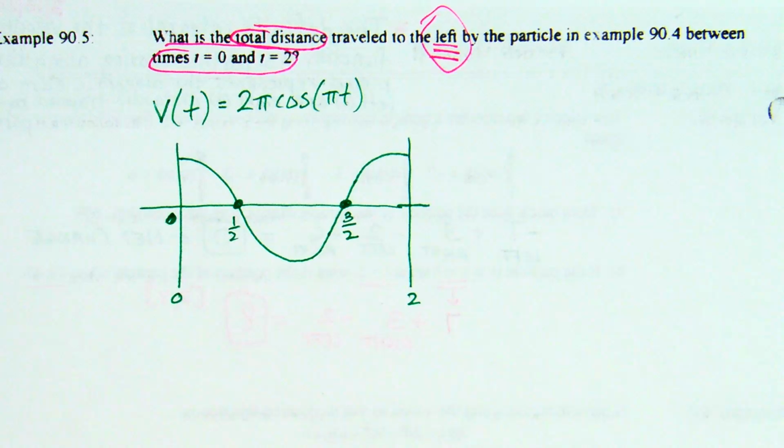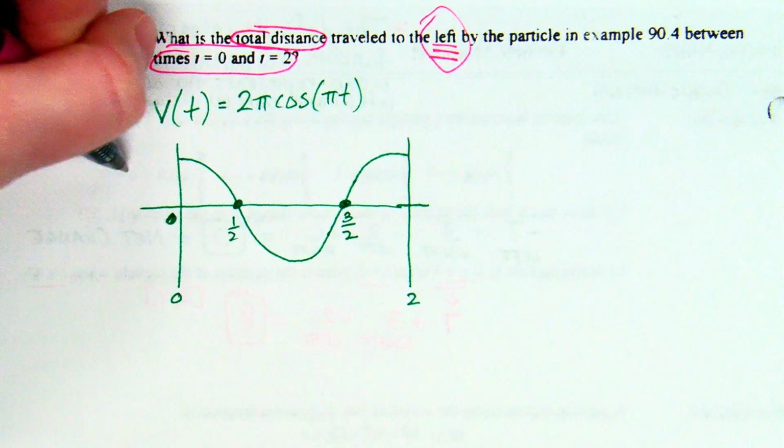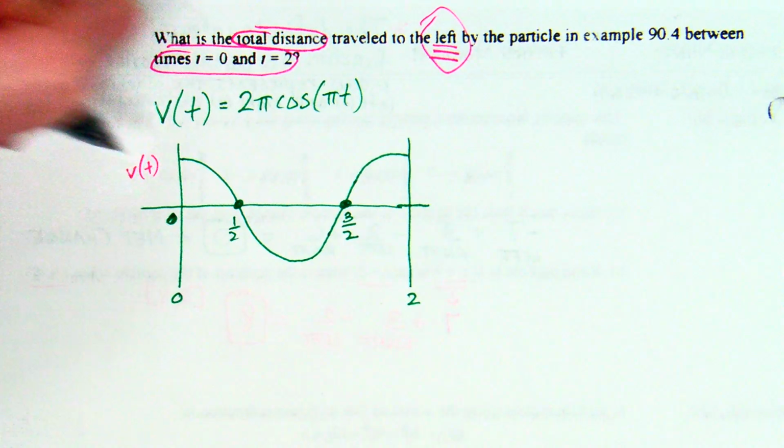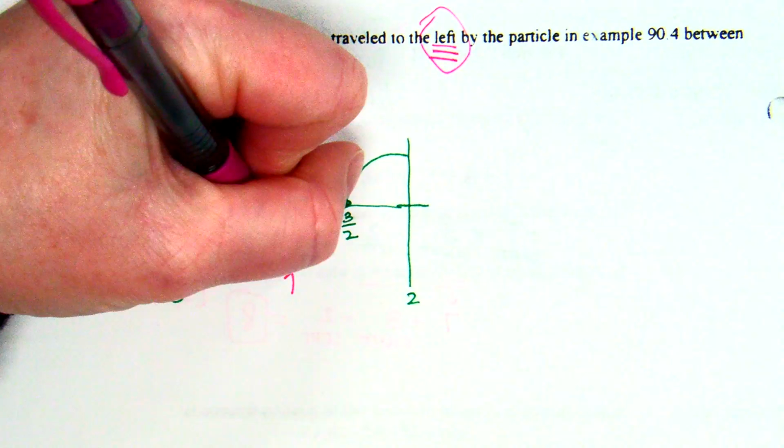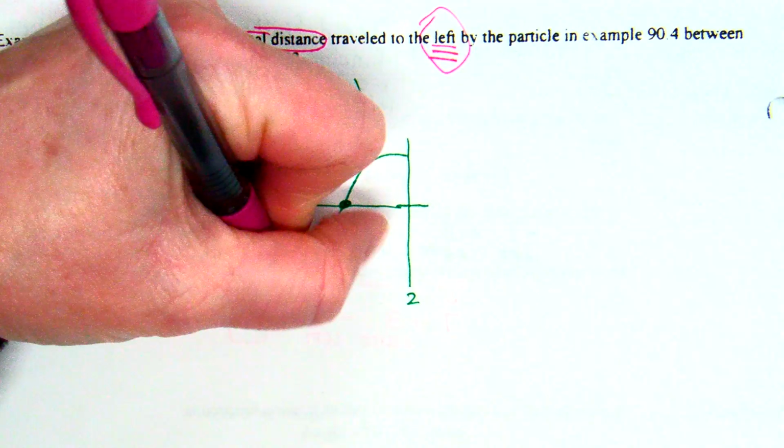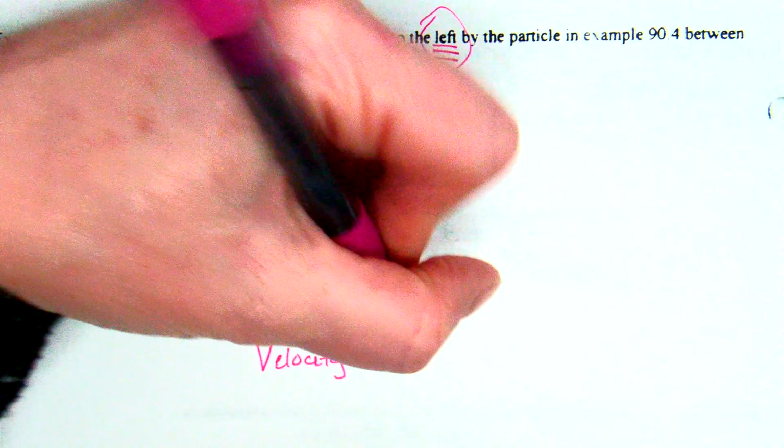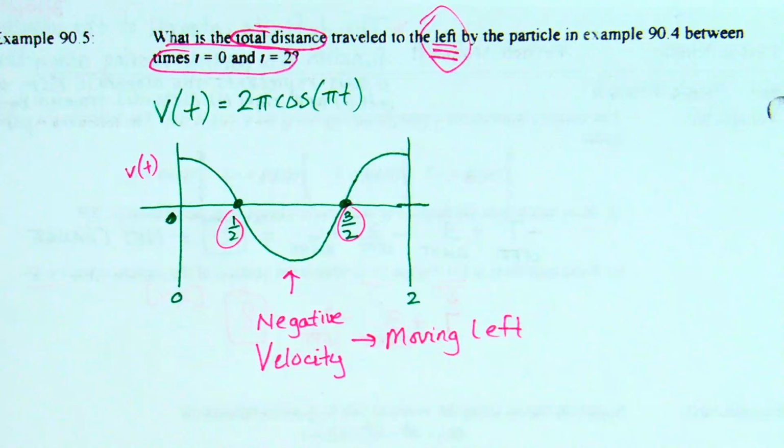Total distance traveled to the left. Remember, this is a velocity graph. When is my particle traveling to the left? When the velocity is negative, and my velocity is negative when it is below the axis. So you need the integral between those two times. Negative velocity is when it's moving left, and that negative velocity is happening between 1/2 and 3/2. That was my reason for drawing the graph here. I wanted you to be able to see that.